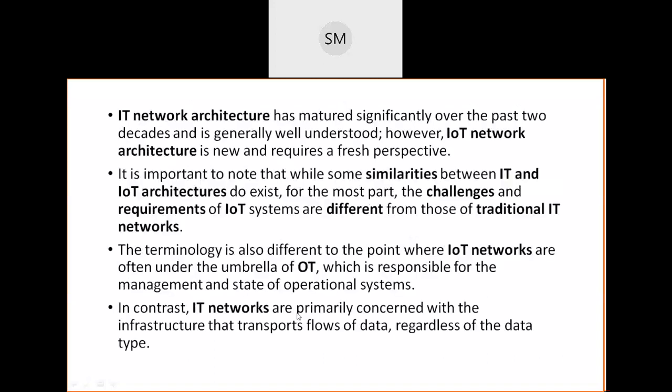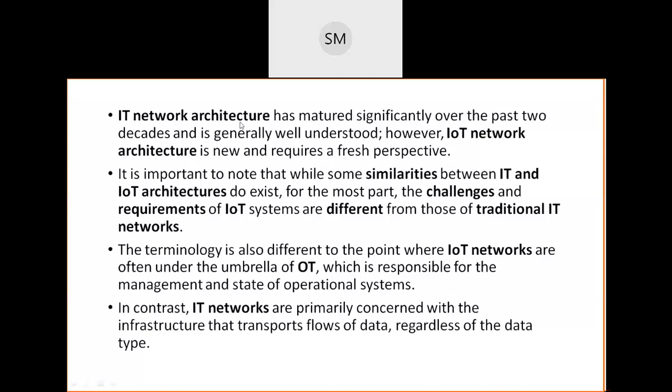So here we are going to compare IT network architecture and IoT network architecture now. IT architecture and IoT architecture. IT network architecture has matured significantly. It means it has grown in its own way.